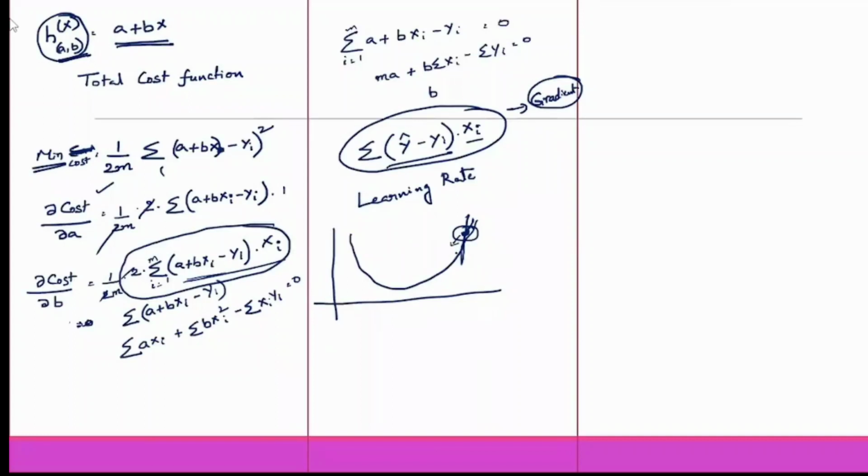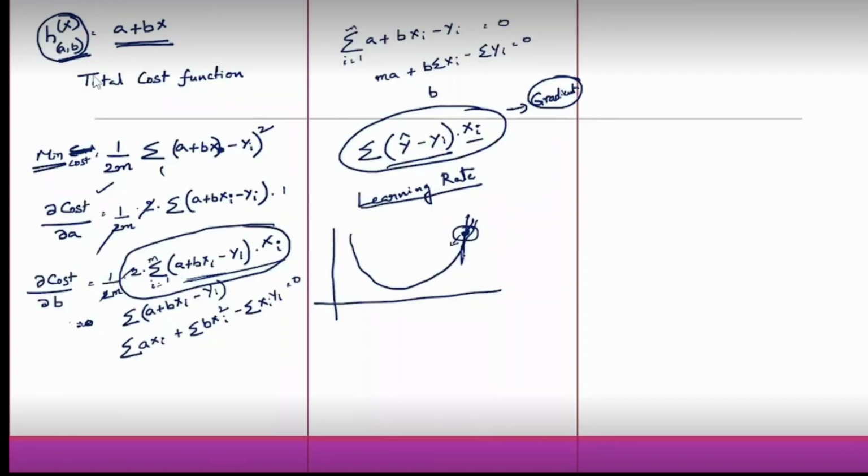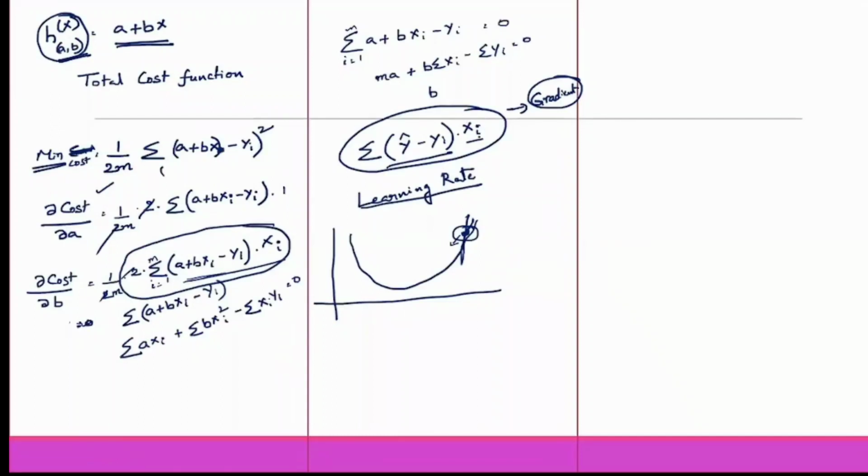I'll put something called a learning rate, and based on that learning rate, I will change the values. Initially the B must be having some value. Now I will change the B in such a way that I take the slope. The slope is coming out as y cap minus yi times xi. I'll multiply this with a learning rate, a small value, let's say 0.001.